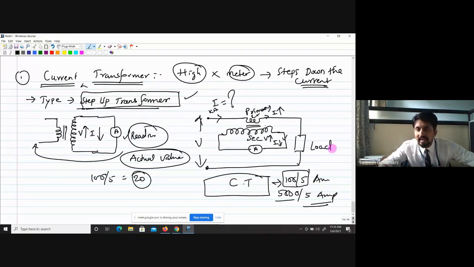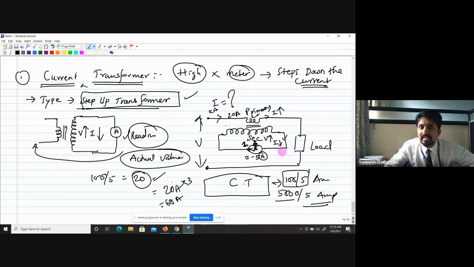Here that 20 is the constant, and if you are using a 5 ampere ammeter and the ammeter reads 1, then what does it indicate? 1 into 20, so 20 ampere is flowing. For example, if the ammeter reads 3, because it is a 0 to 5 ampere scale, that means 3 into 20, so 60 ampere is flowing.